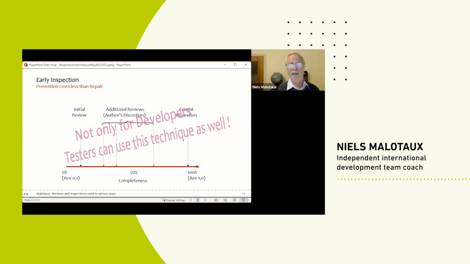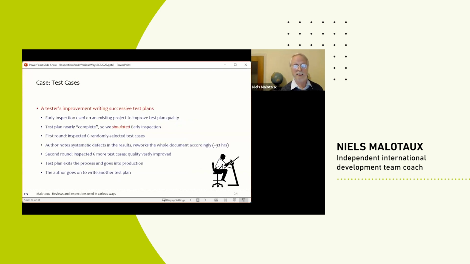So let's see how the making of test cases went. Somebody was writing test plans. Again, whether that's a good idea, that's another story, but he was writing test plans. Early inspection used on an existing project. So the test plan was already there.